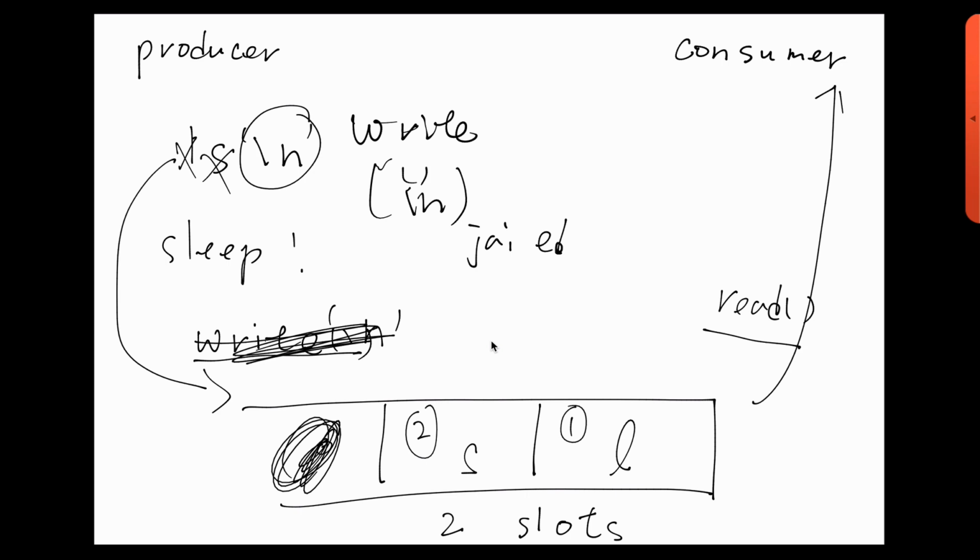Now the consumer starts running. We don't have any mutual exclusion requirement yet. When you run, the read system call will do something. It will try to DQ this guy, the L, and try to DQ this guy. Before you can DQ the L, in DQ step A, it will check whether this buffer is full or not. If it is full, so this is full now, what should you do?